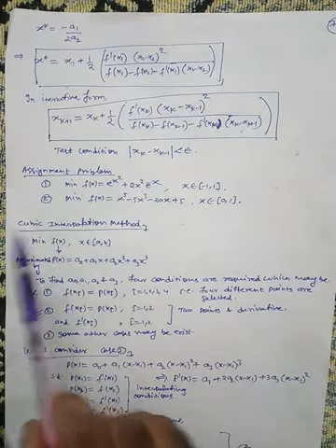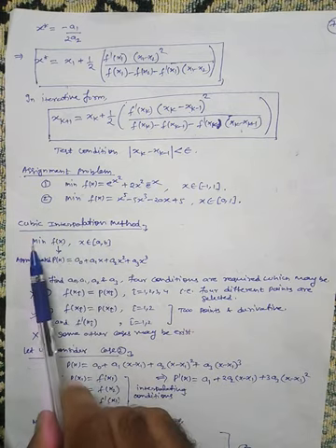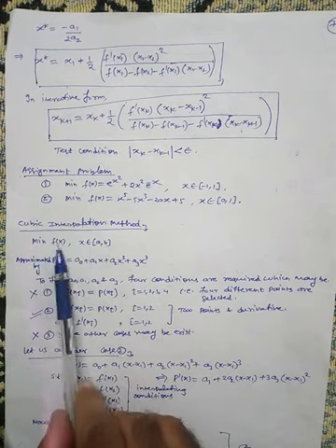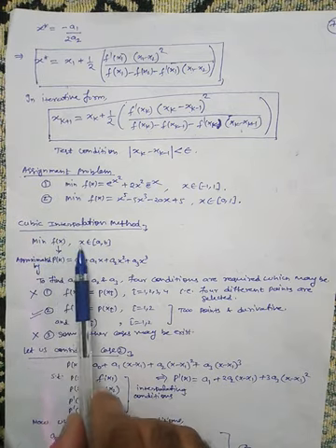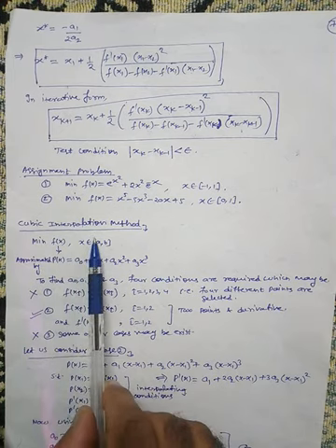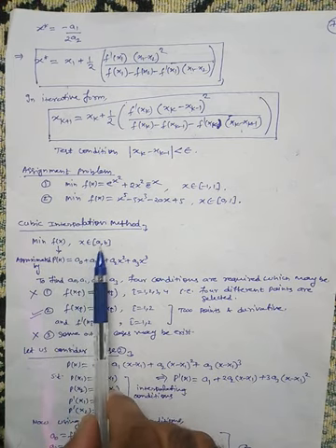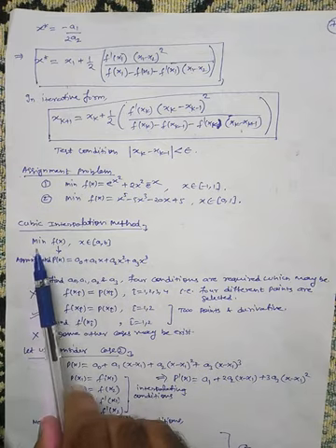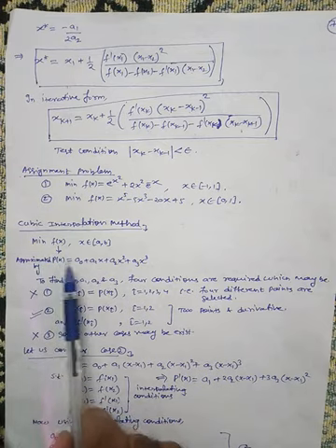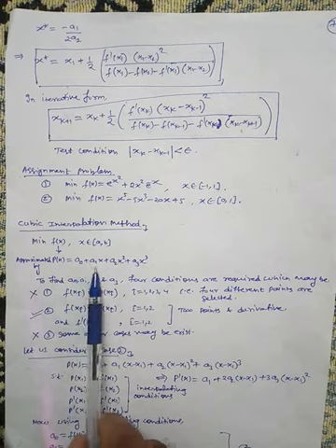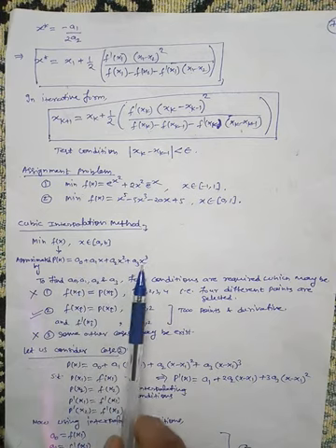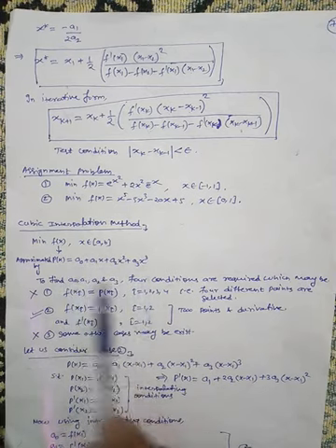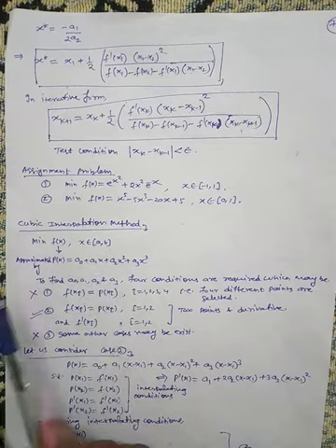However, in cubic interpolation method, the problem minimum of f of x, where x varies from a to b, is approximated by a polynomial p of x equals a0 plus a1x plus a2x square plus a3x cube, which is nothing but a polynomial of degree 3.